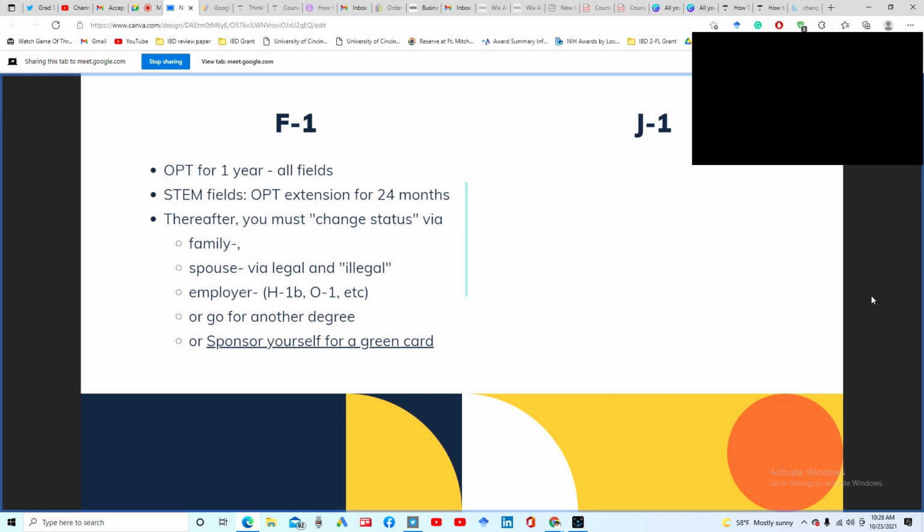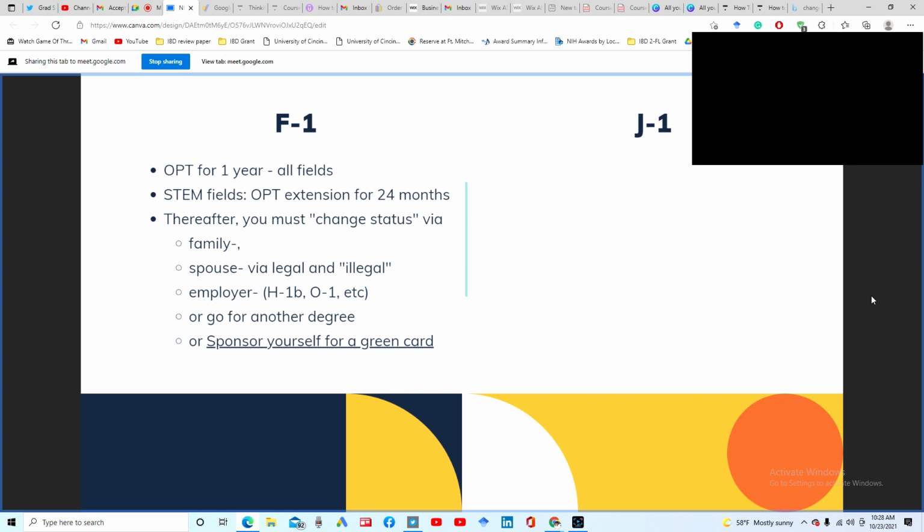Now, for those in STEM fields, science, technology, engineering, and mathematics related fields, this OPT work permit can be extended for another 24 months. So that means people that are not in STEM fields, they only get 1 year, while those that are in STEM fields get 3 years in total if they choose to extend.